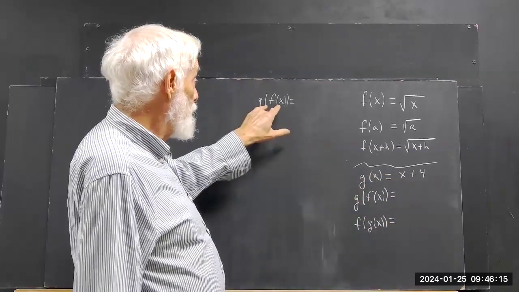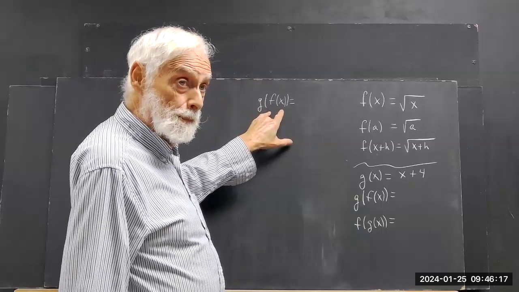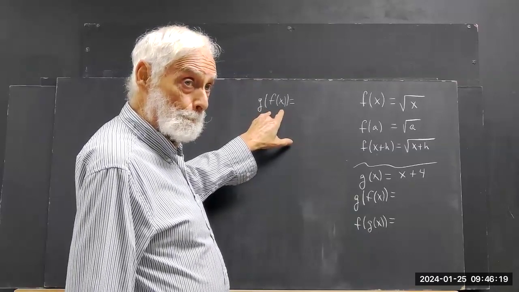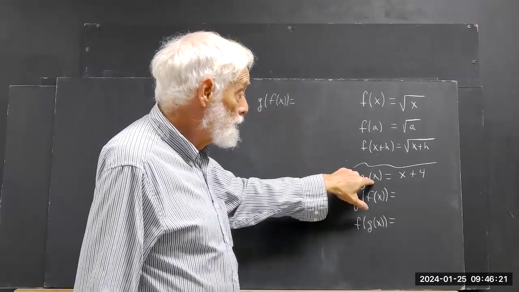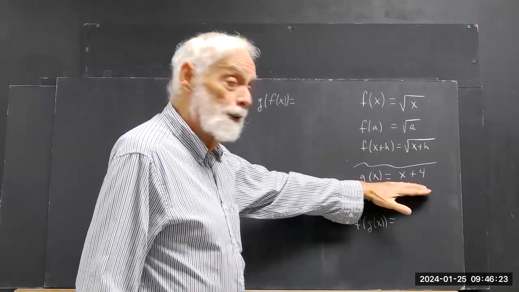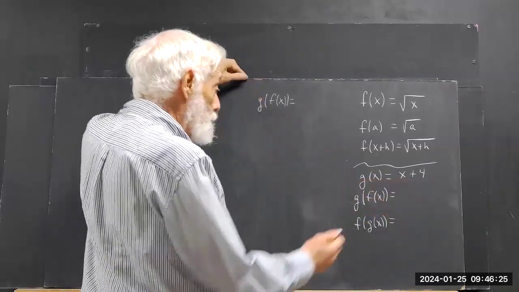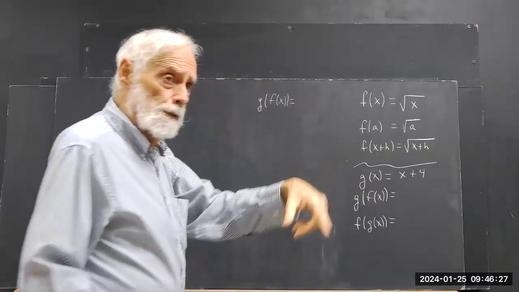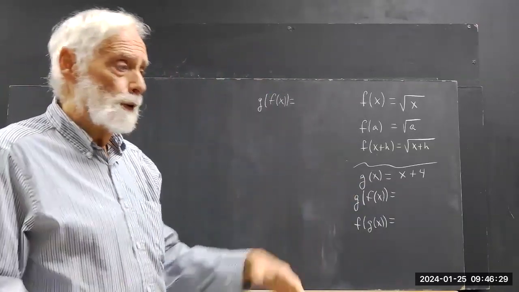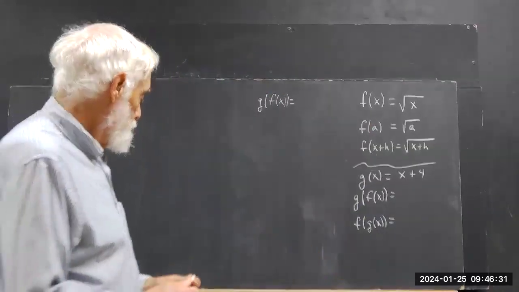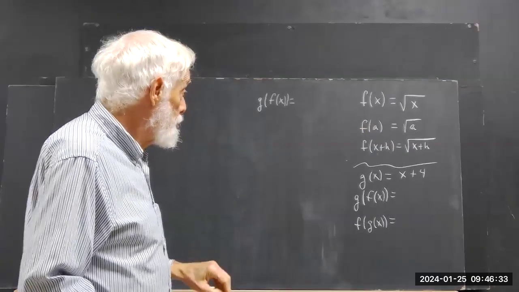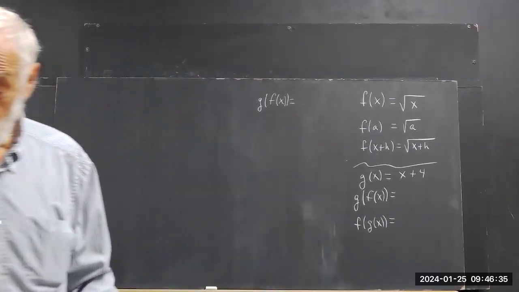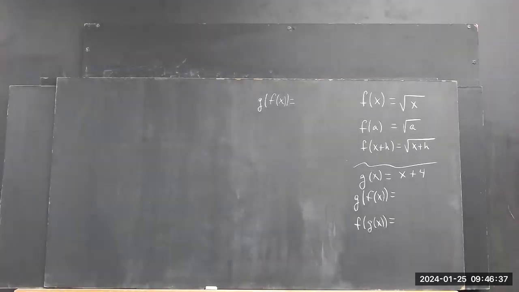It's been replaced by the symbol F of X. So if I replace X by F of X in this definition, what do I get? Well, write it down for me. If you don't have your notebook, grab a sheet of scrap paper. But write down what you get if you replace X by F of X.